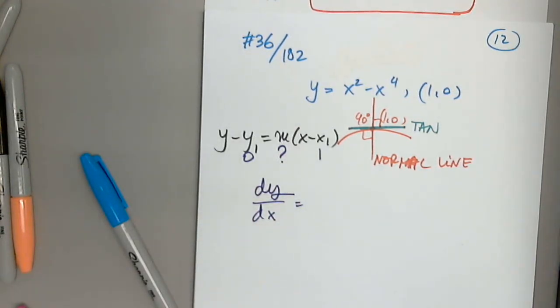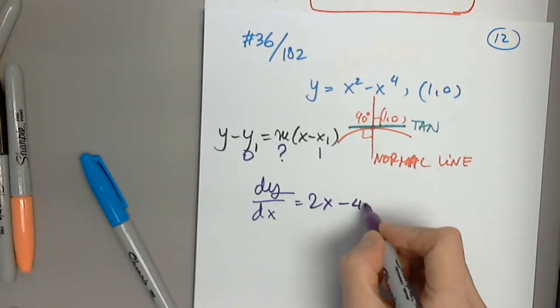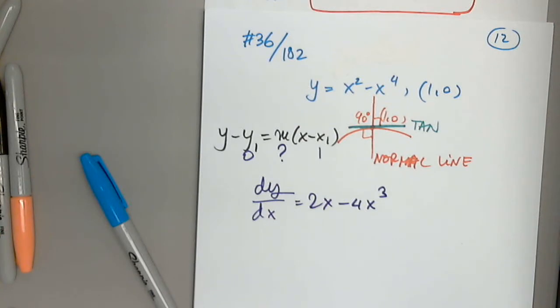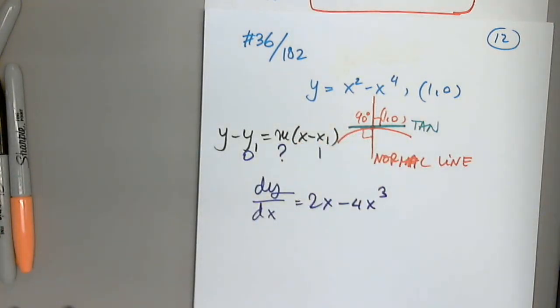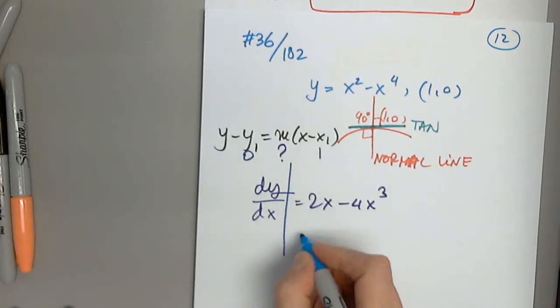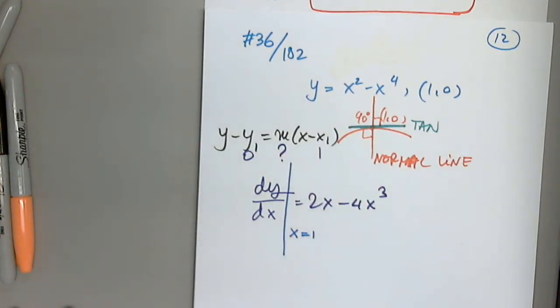Can anyone give us a derivative of this function? 2x minus 4x to the third. How will I determine this number? By, and this is how we like to write it, replacing x by 1. So what is this notation all about? It says the derivative of this function evaluated, determined, in other words, when x is 1.